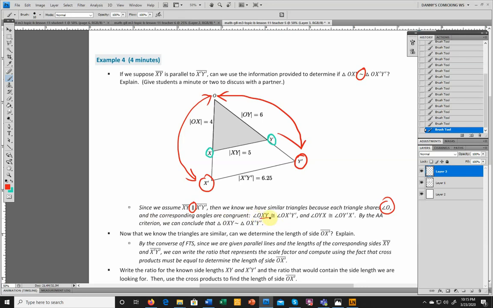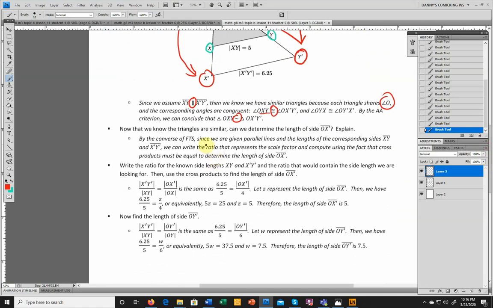Angle OXY is congruent, that's the congruent symbol, to angle OX prime Y prime. And angle OYX is congruent to angle OY prime X prime. By the AA criterion, we can conclude that OXY is similar to OX prime Y prime.